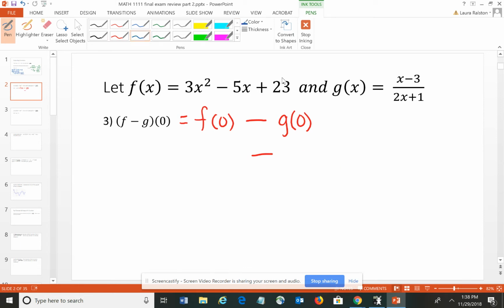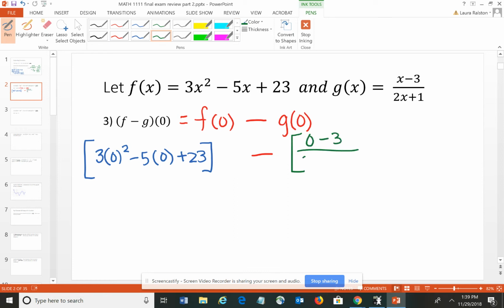So if I substitute 0 into function f, I have 3 times 0 squared minus 5 times 0 plus 23. And then I substitute 0 into function g, I have 0 minus 3 over 2 times 0 plus 1. Not 11, that's a 1.